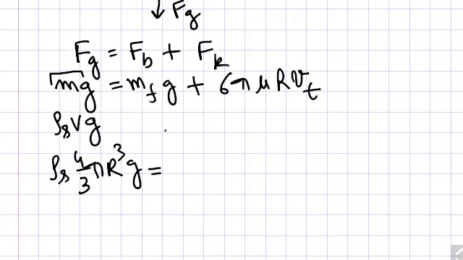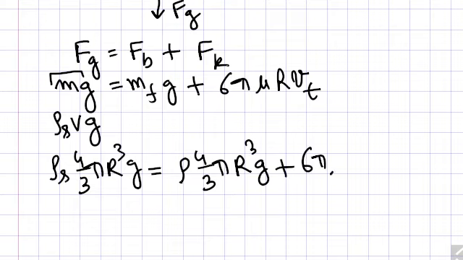The same way we can find the buoyant force, and buoyant force is equal to the weight of the liquid that has been replaced by the solid material. Here will come the density of the fluid, then the volume of the replaced liquid, which is equal to the sphere, and g, and here comes this again.